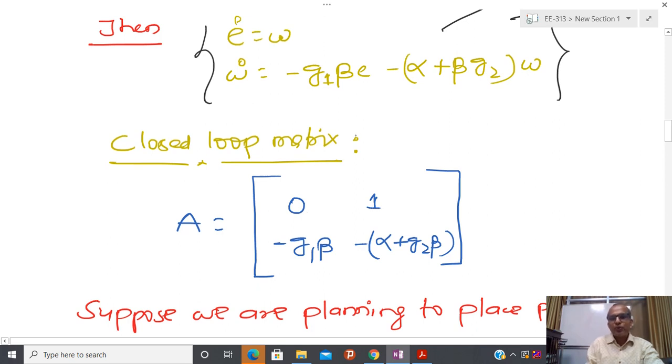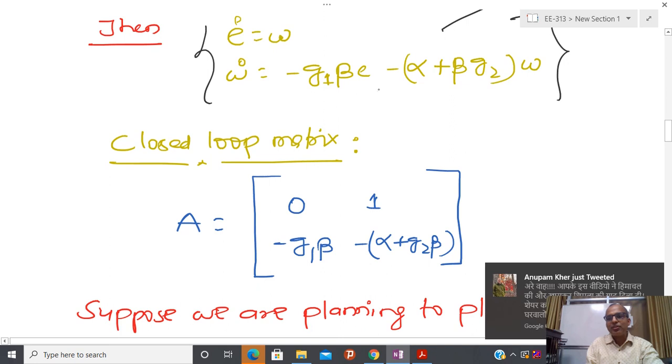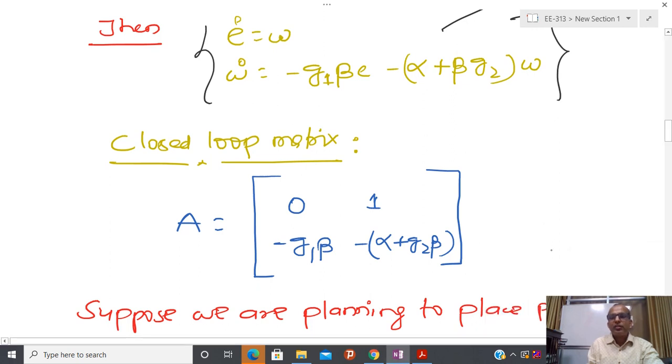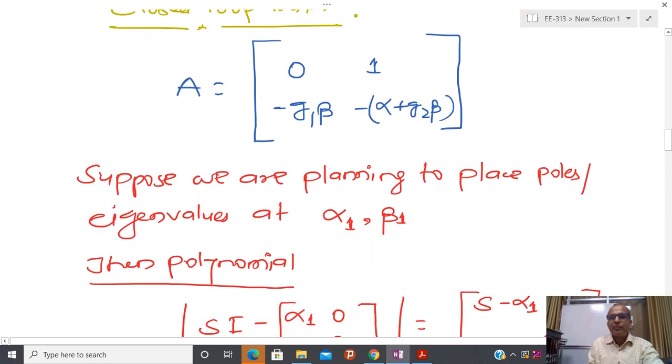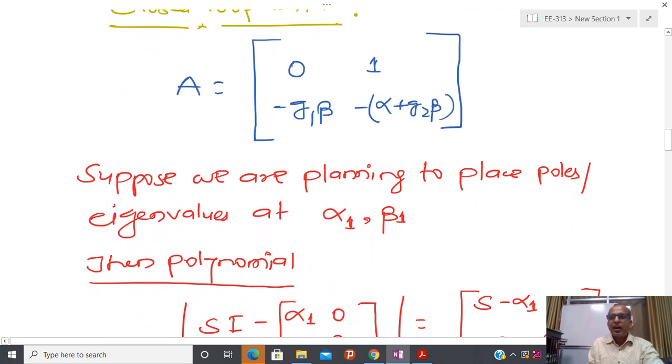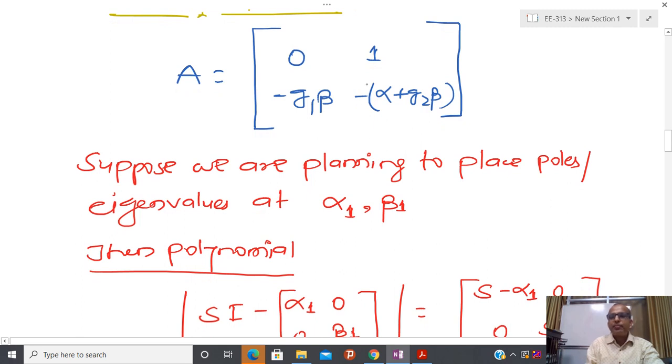So I am not going to do the analysis based on Lyapunov. What I am going to do is work with the closed loop matrix, and I am going to shape this matrix such that I get some kind of desired response.